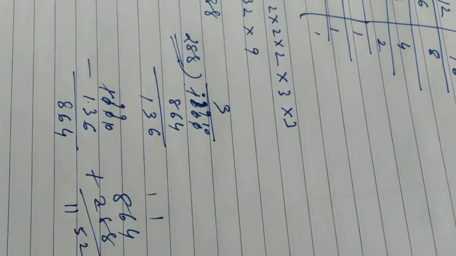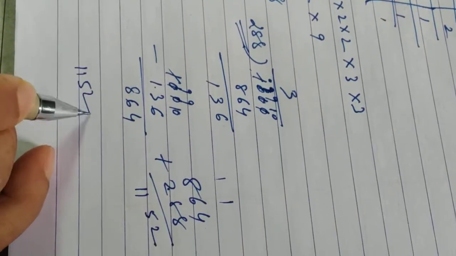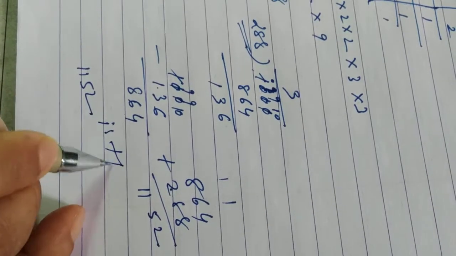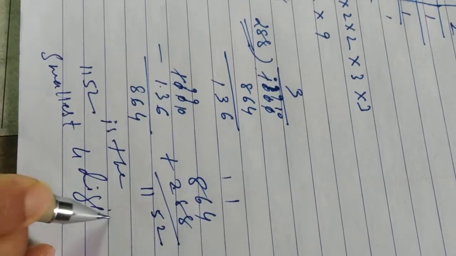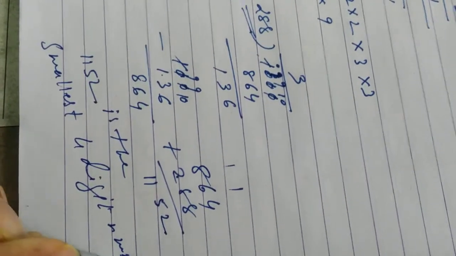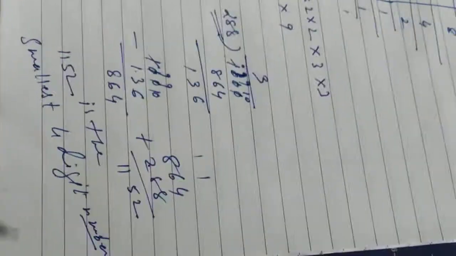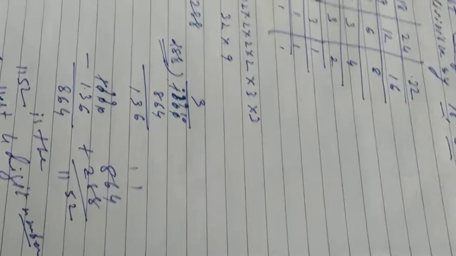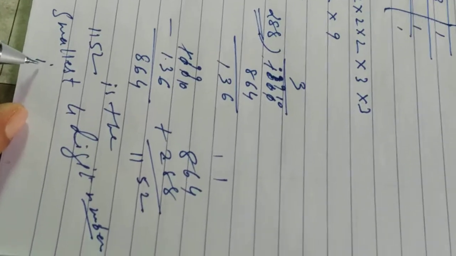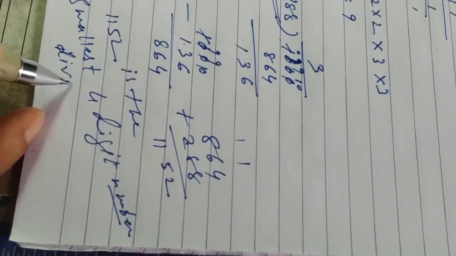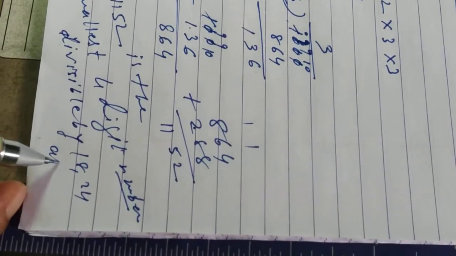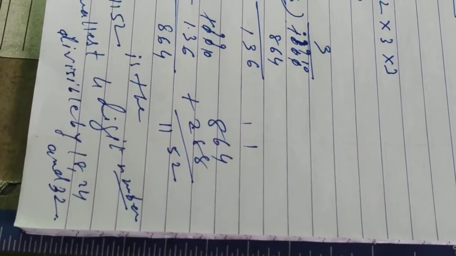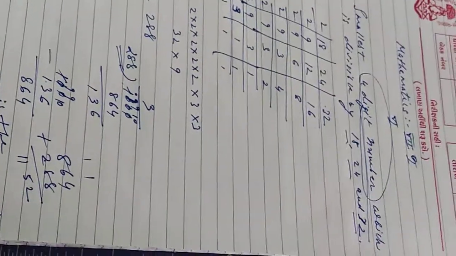So we can say 1152 is the smallest 4-digit number exactly divisible by 18, 24 and 32. Got it? Sure. Good. Now example number 10.